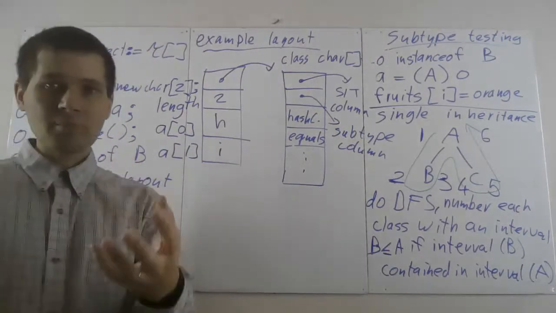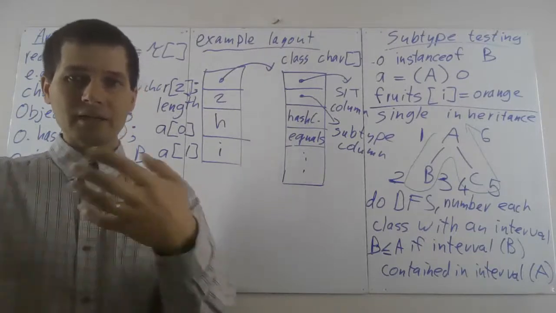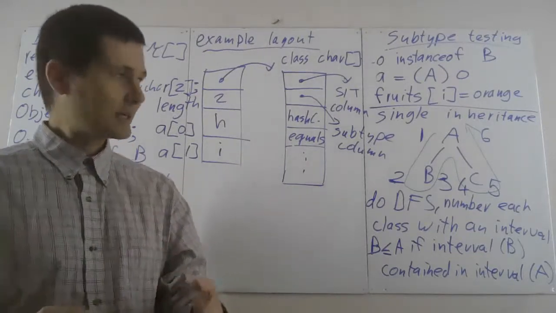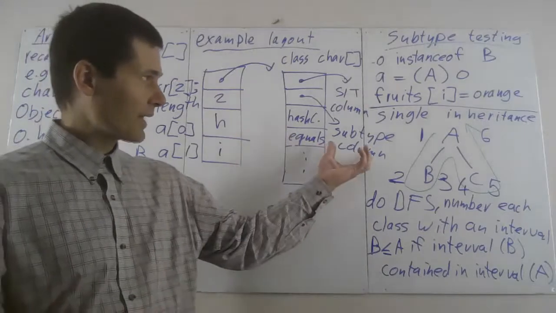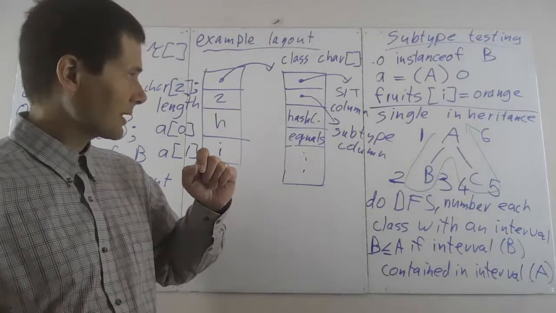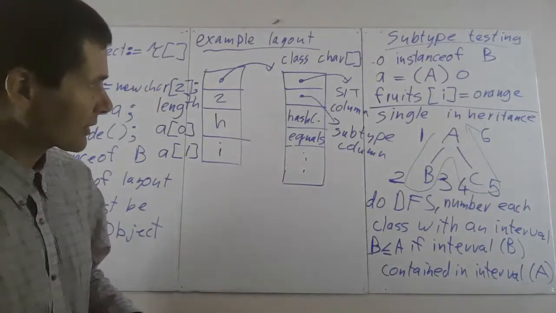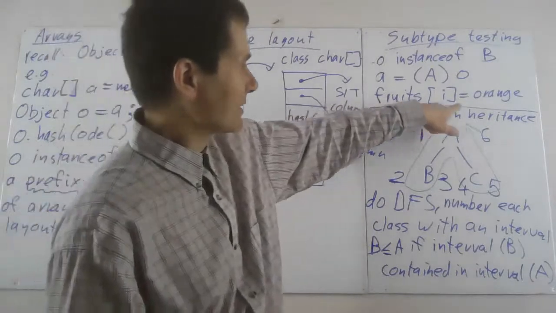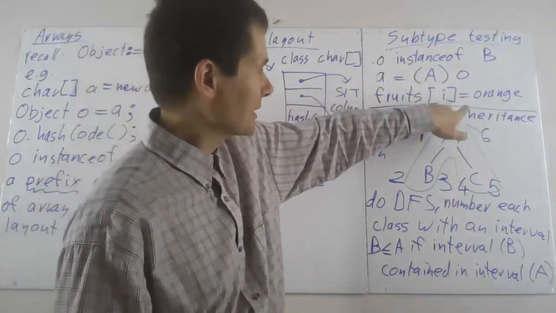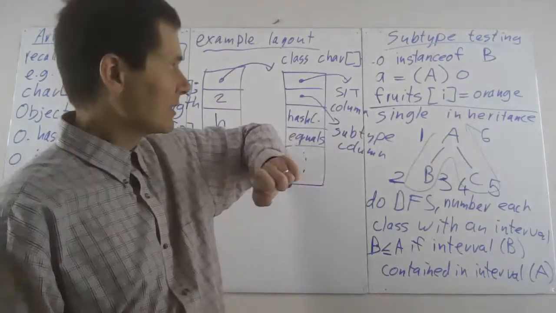Some arrays are subtypes of other arrays, but some are not, right? And so for subtype testing, that information is going to be important. And specifically here, when I have an assignment to an array, right?